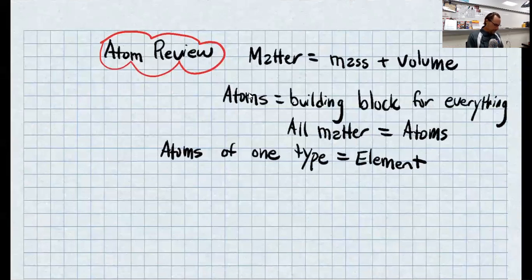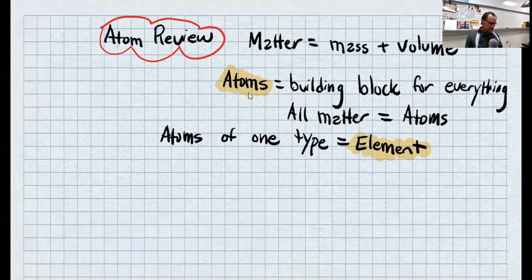So for example, oxygen is an element, nitrogen is an element, argon is an element. Those atoms broken down into their simplest pieces would be then an element.